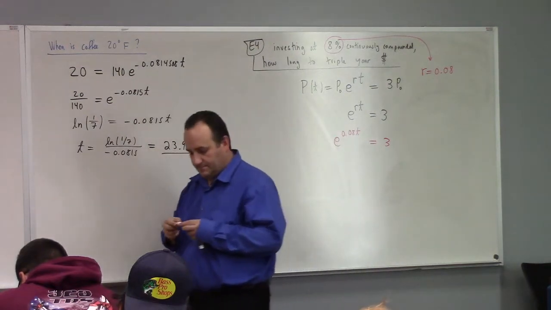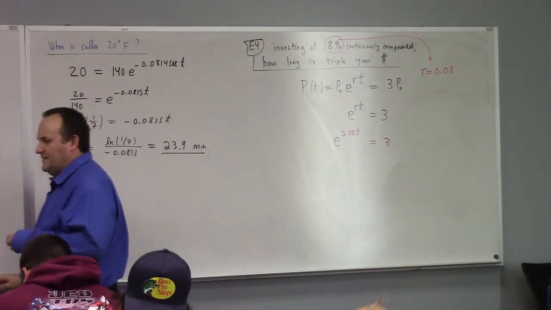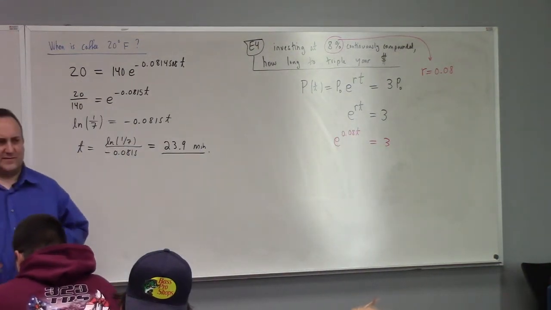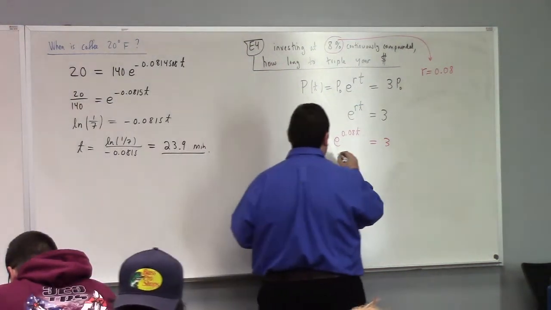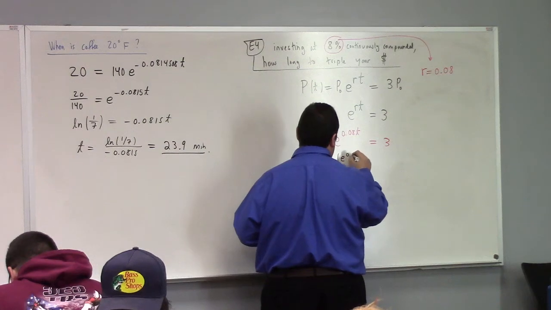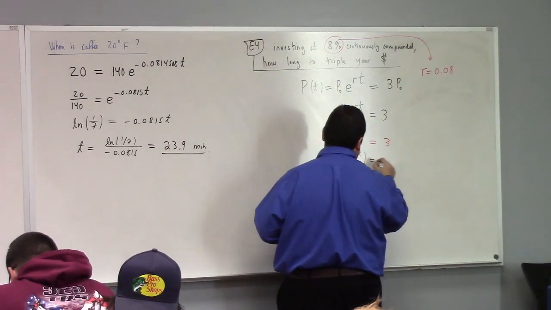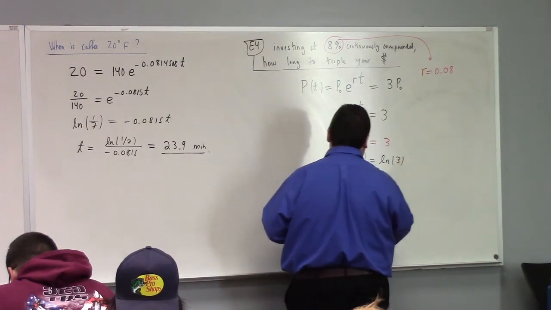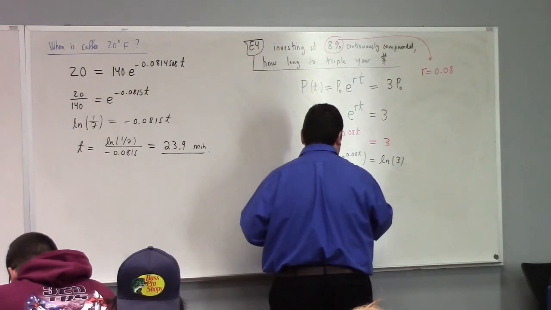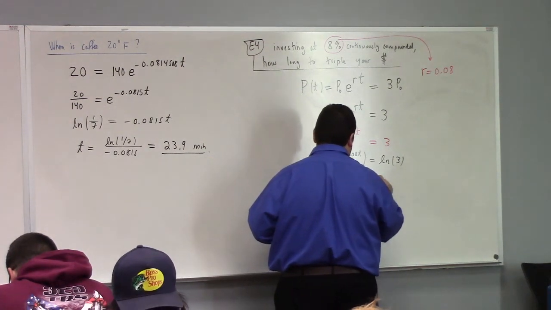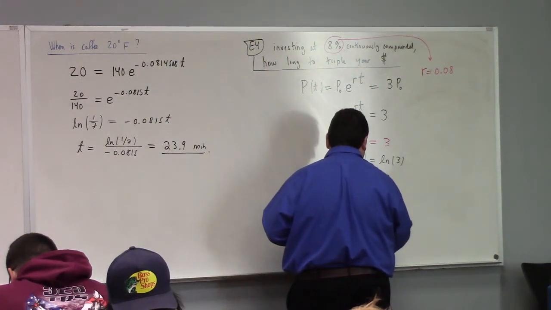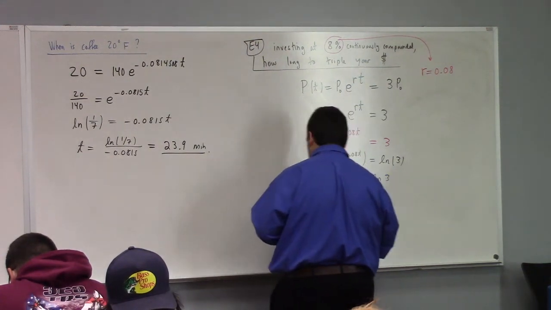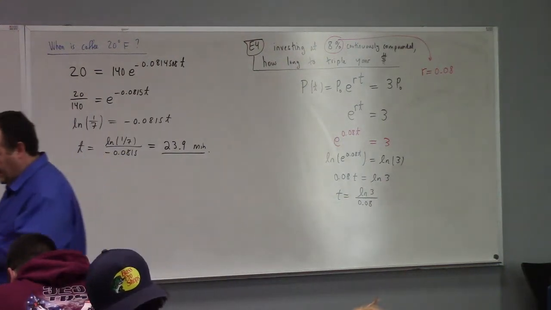How do you solve for t? I think the answer to every algebra question I pose today is you take the natural log, right? So we take the natural log, and we get 0.08 t equals log 3, which gives me t is log 3 divided by 0.08. At which point I need to get my calculator.